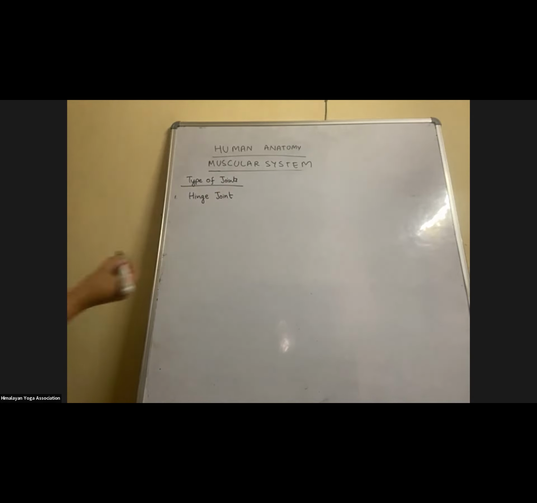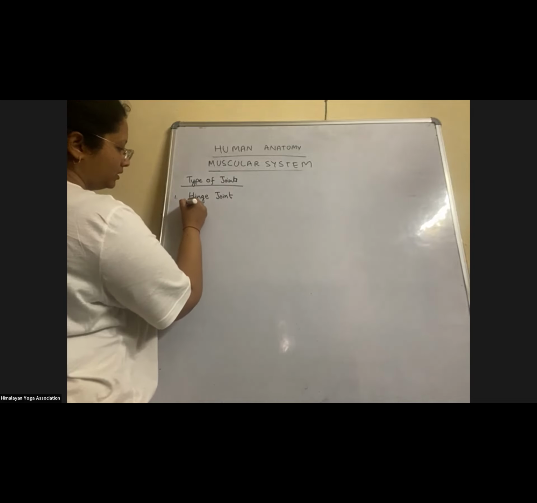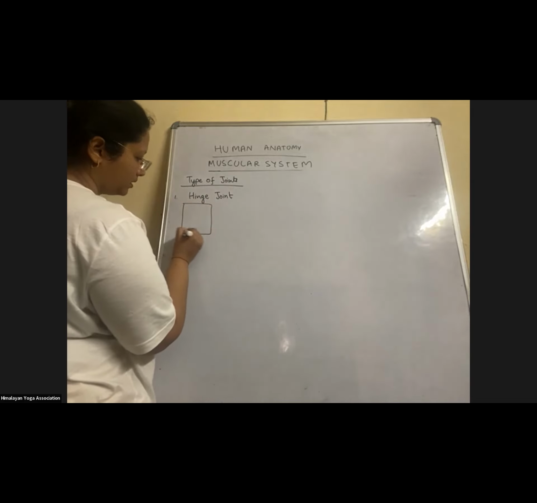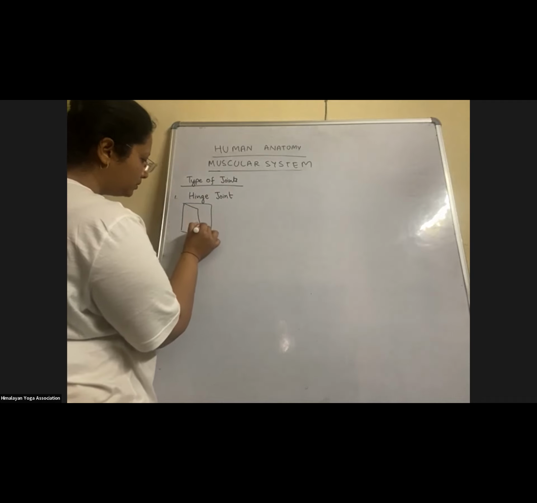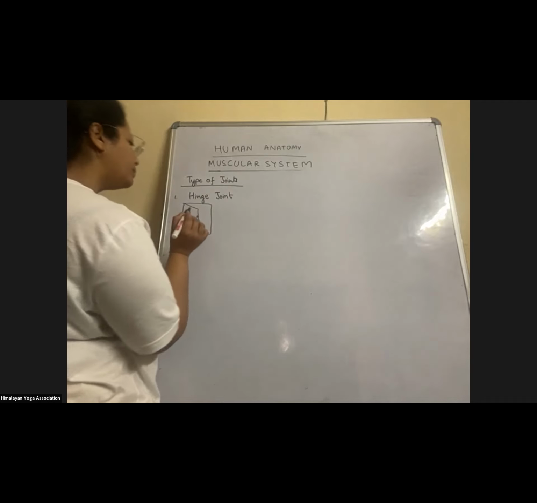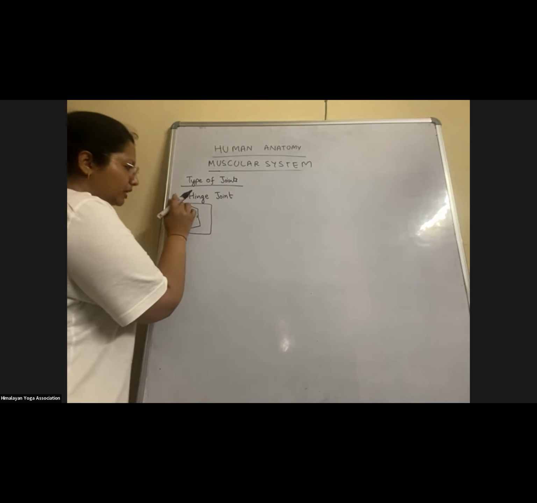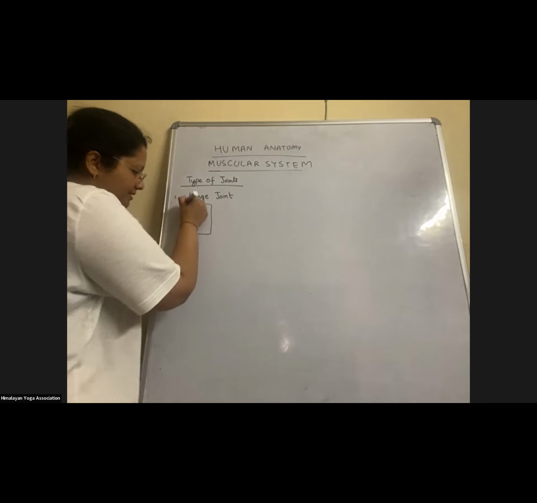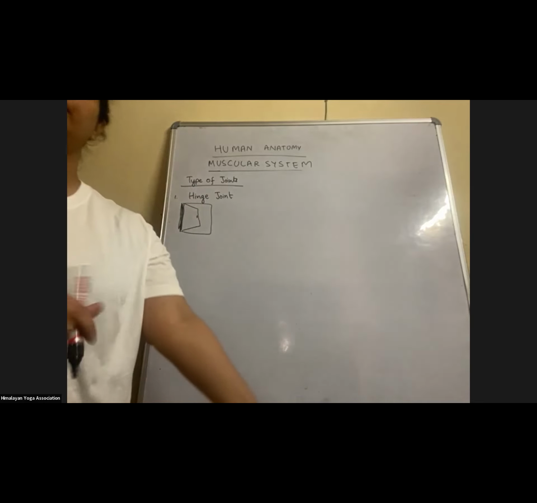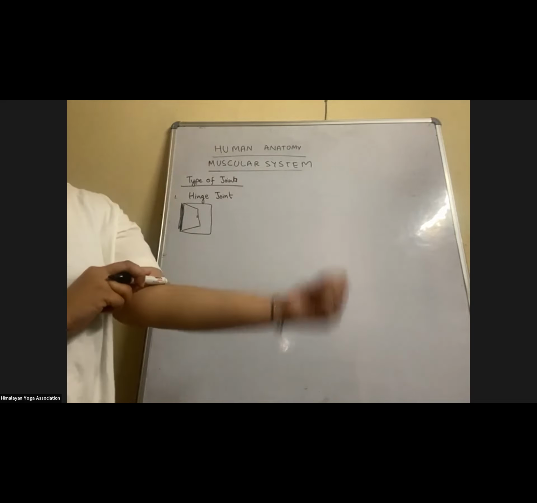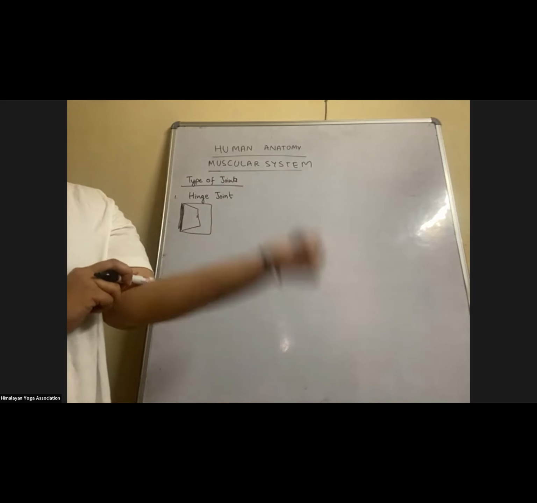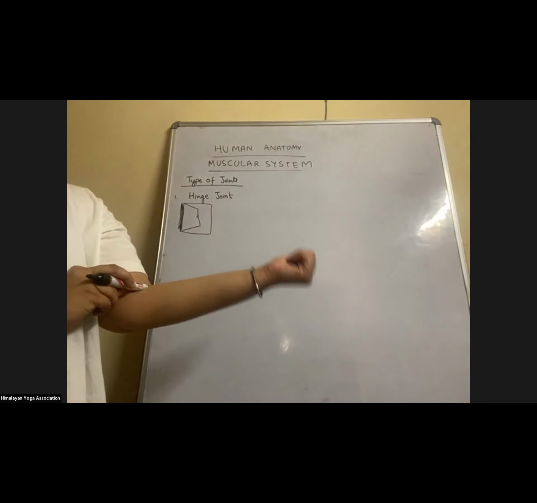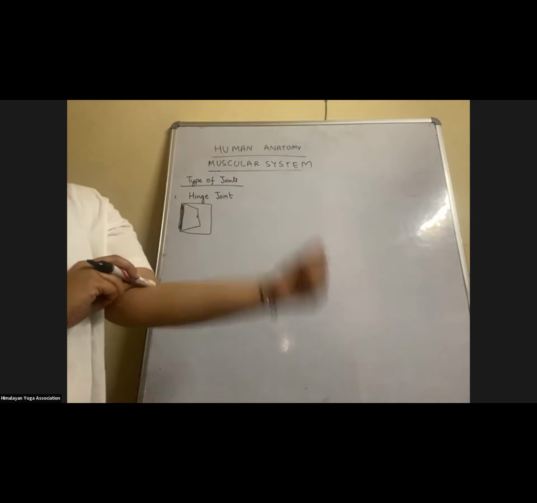Hinge joint is like, you have a door and that door is able to open and close. It's because it is attached here and it can move around this axis. Similarly, this elbow joint can move around one axis. This is the axis here, and it can move around this one axis.